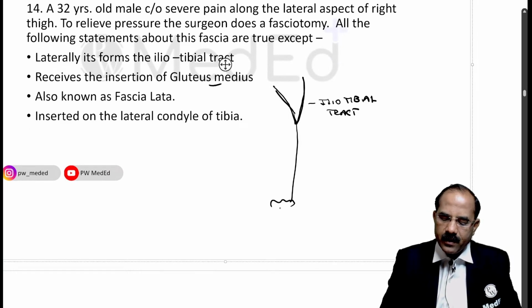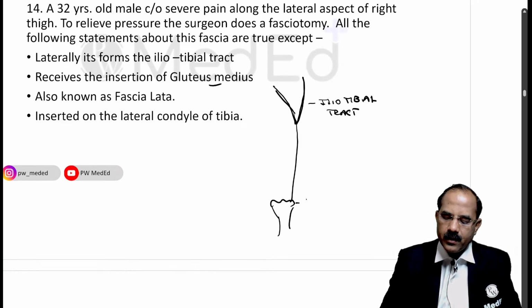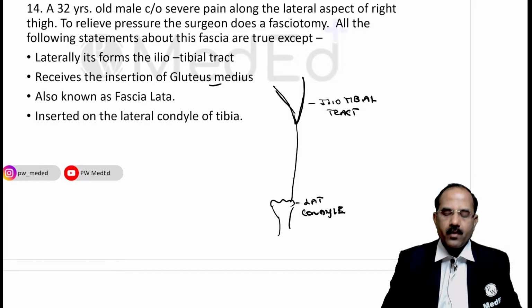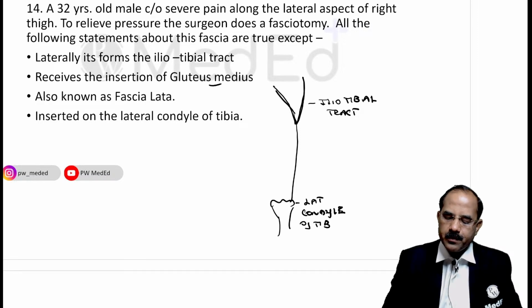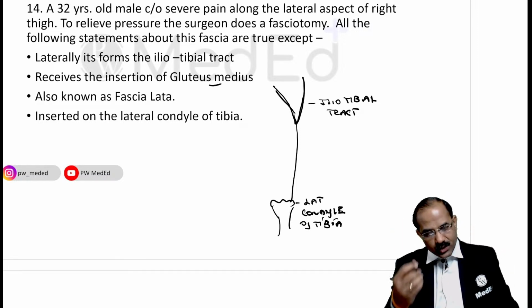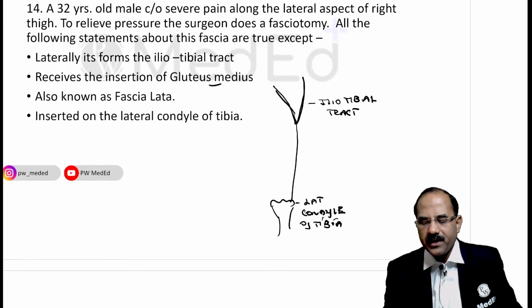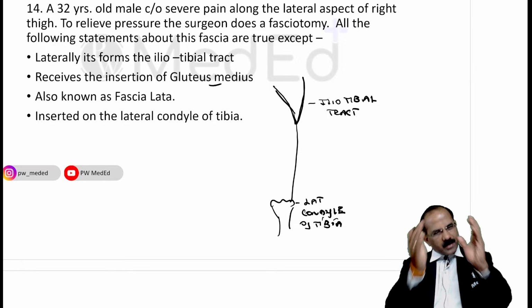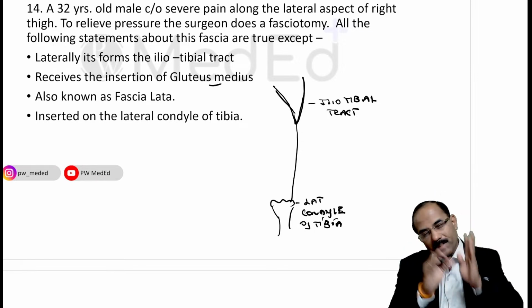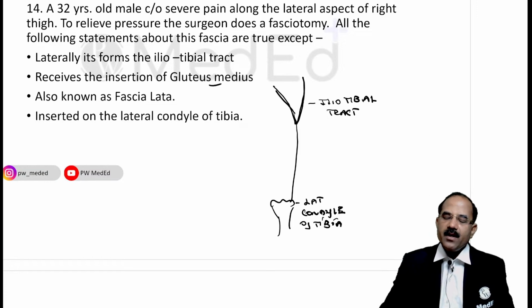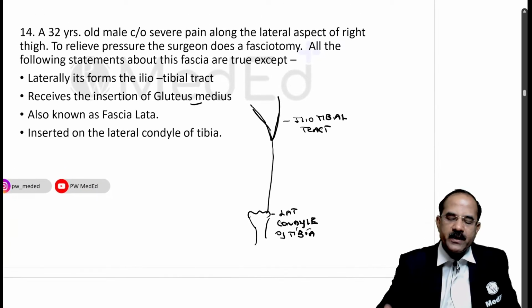This fascia lata is inserted on the lateral condyle of tibia. This is the iliotibial tract. So iliotibial tract क्या होता है? It is formed by the splitting up of the fascia lata, which are the muscles inserted into the iliotibial tract.